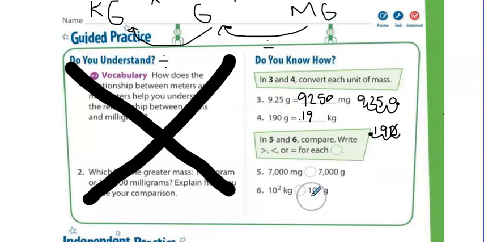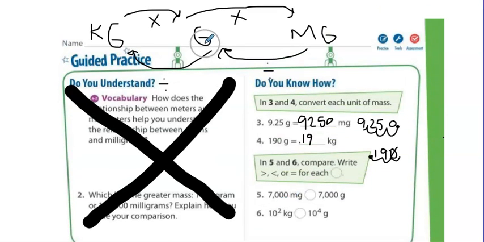Looking at number 5 and 6, we're going to be using greater than, less than, or equal to compare. Remember, we want to go from the larger unit to the smaller unit. Because if you're going from larger to smaller, you're going to be multiplying. So thinking about this problem right here, they're both 7,000, okay? So if I'm taking 7,000 and I'm multiplying it by 1,000, so we're going from grams to milligrams.